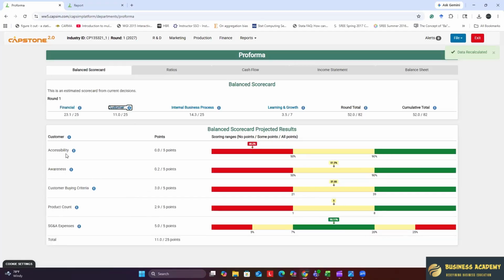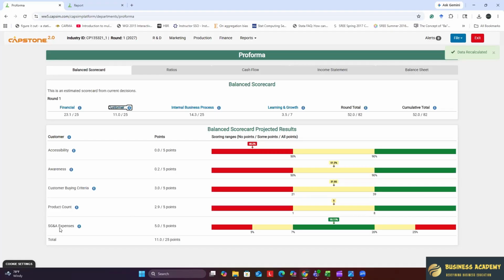Now let's look at customer awareness and accessibility. You need to be above 90% on both of these, meet at least 39 out of 100 on your customer buying criteria, and your product count needs to be 8 or above. Usually this is not required. However, to receive a credit, at least in my class, I curve that because I do not believe that 8 products are required to compete effectively.